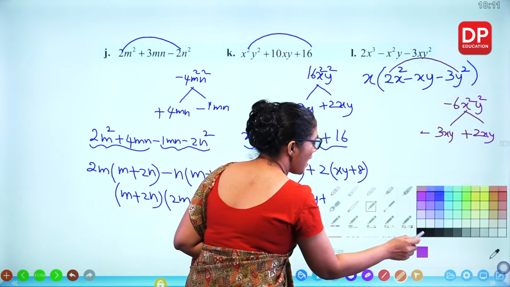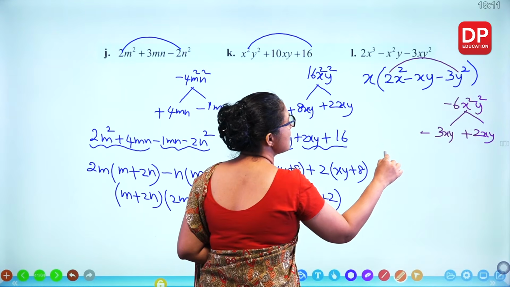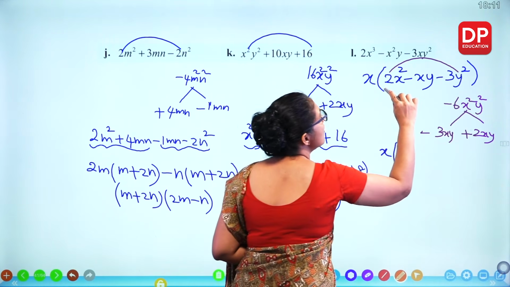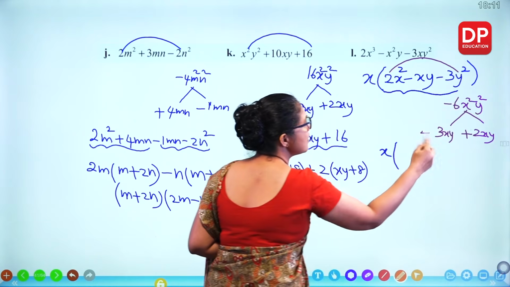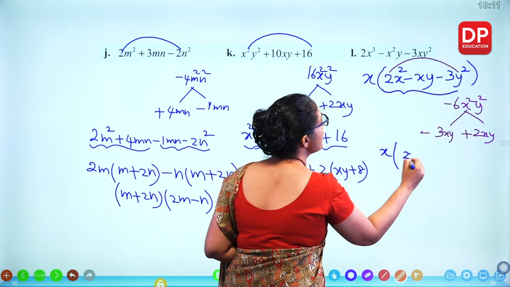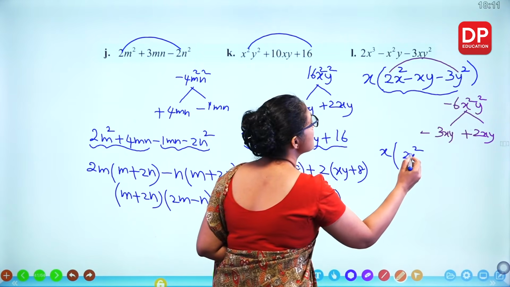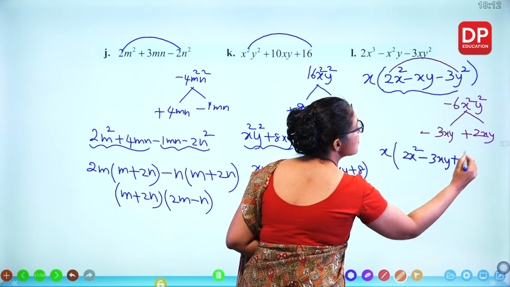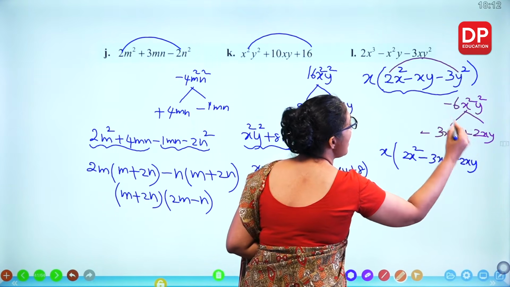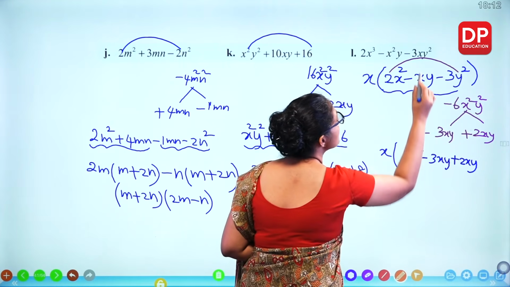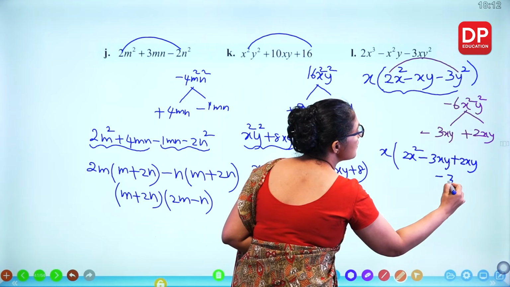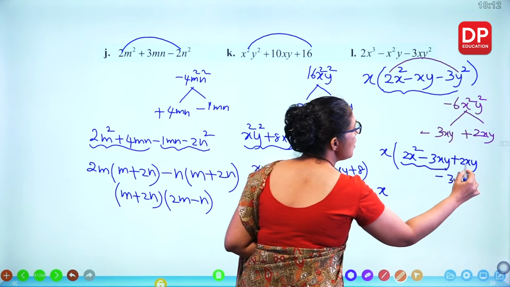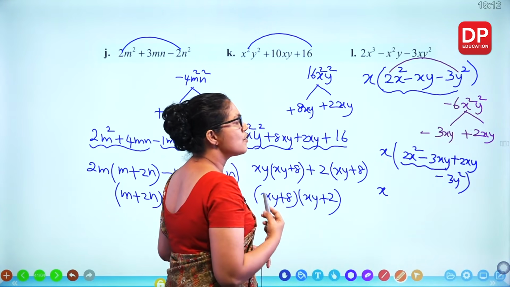Here I can write x is the common factor, this one. And then for this one, I can split separately. When you take x out, what's there? Minus 3xy plus 2xy, and then the last term is minus 3y squared. Now we'll take first two and last two separately and try to factorize.